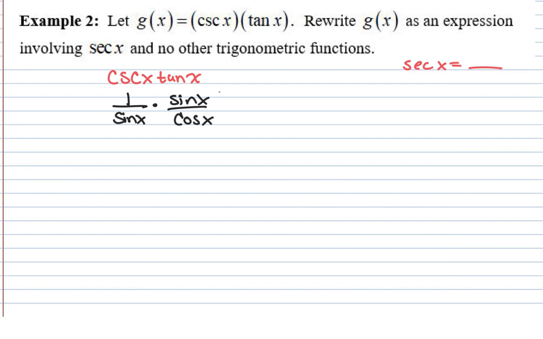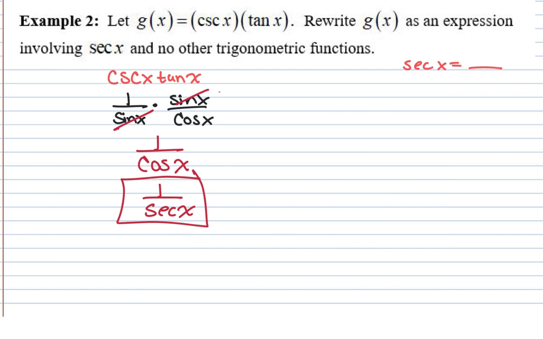And then this in the numerator reduces with this in the denominator. So now you have 1 over cosine of x. And 1 over cosine of x is secant of x. So now I wrote everything as a secant, so that's my answer. Oh, wait, no, sorry. It's just secant, not over secant. It's secant of x.